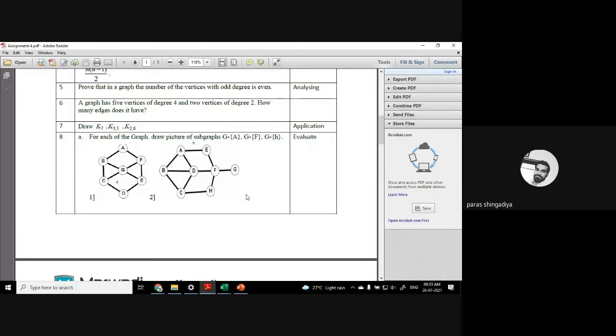So first draw the main graph G, and then find three graphs: G minus A, G minus F, and G minus H. Draw the three new modified graphs after deleting vertex A, then F, and then H. And then try it for the second graph.